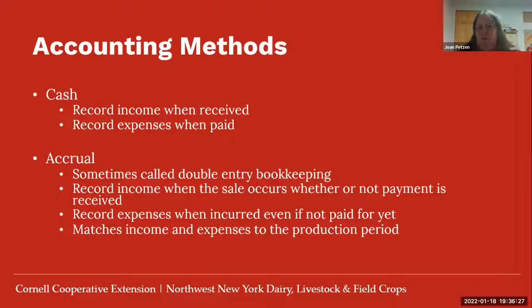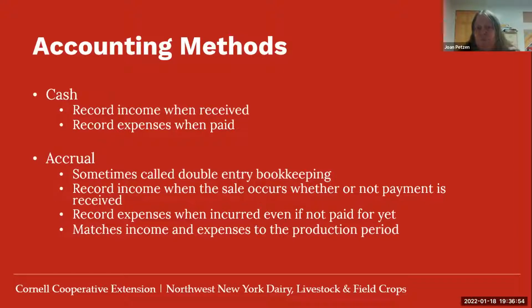On the accrual, or sometimes called double entry bookkeeping system, we record the income when the sale occurs, whether or not you've received payment, and you record expenses when they're incurred, even if you haven't paid for them. This helps to match the income and expenses to the production period on the farm. And that is one of the things that can be very handy and useful for management purposes.